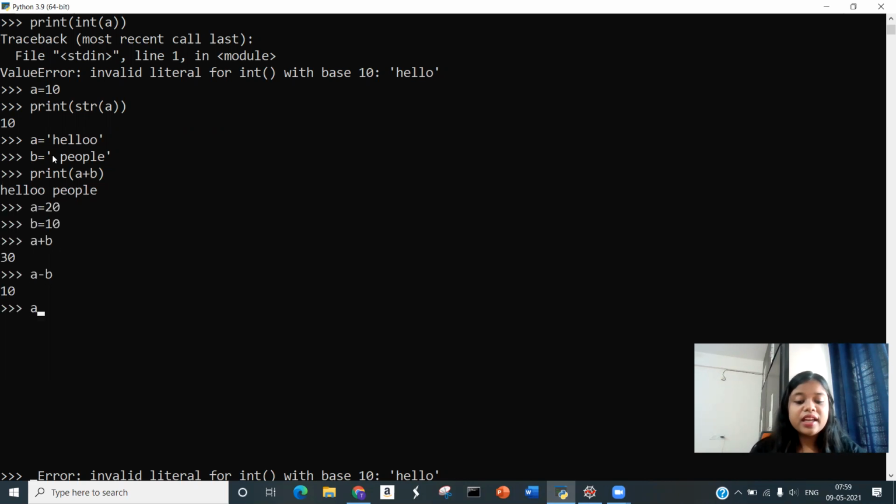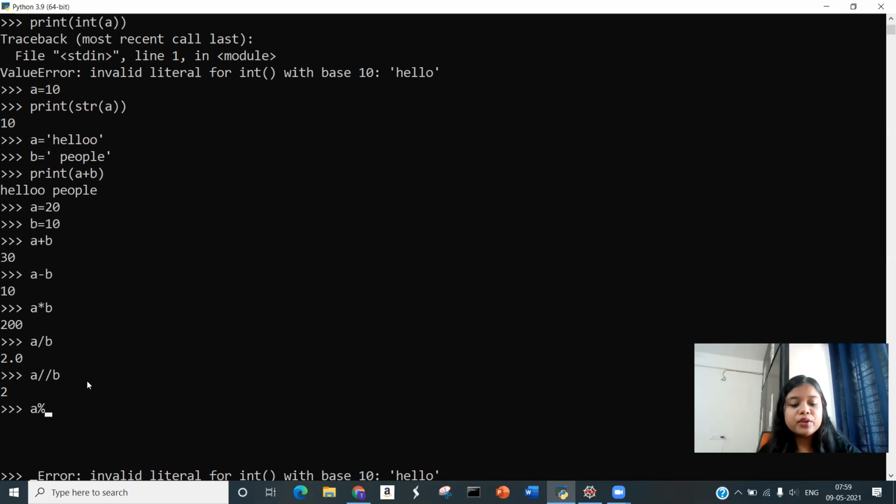Now a into b, 200. Now if I do a divided by b, this is my float division. So see, I got 2.0. Now if I do an integer division, I'm simply going to get 2.